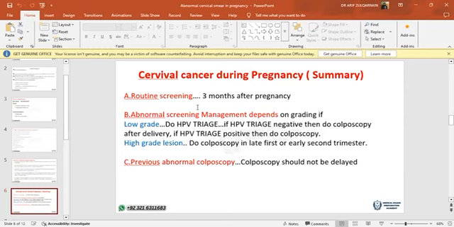But if high risk HPV is positive, then we will do colposcopy during the pregnancy, that is in the late first or the early second trimester. But if she has a high grade lesion, then we will do the colposcopy in late first or the early second trimester. And if she has a previous abnormal colposcopy, then colposcopy should not be delayed. So this is the summary of the points which we have discussed before.